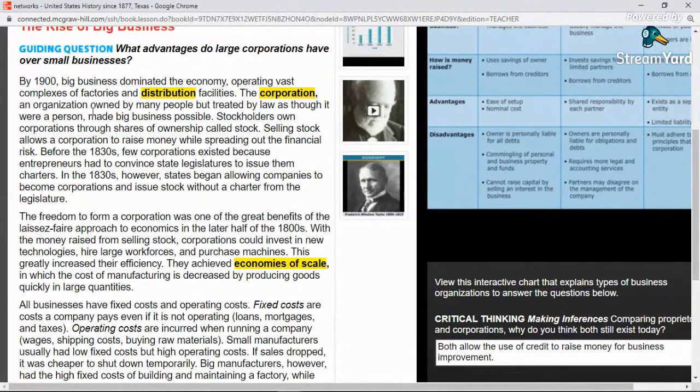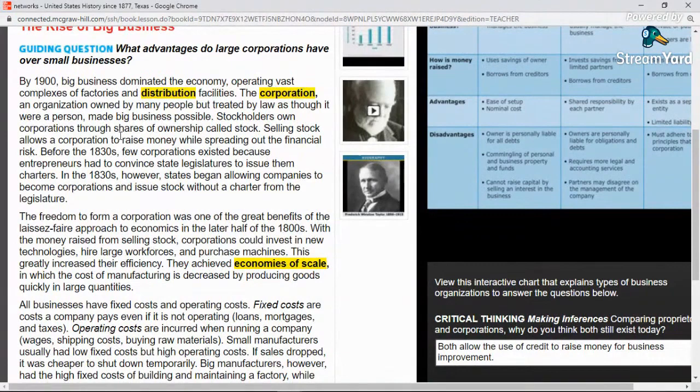Okay, what is a corporation? It's an organization that's owned by many people. Okay, but it's treated like it's one person. So a corporation would be like Google or Amazon or even Disney. It usually has one guy at the top that everybody knows, like Jeff Bezos, or is it Zuckerberg from Facebook?